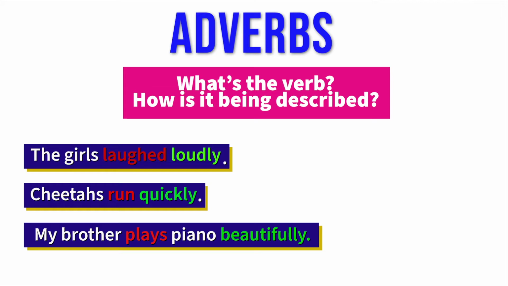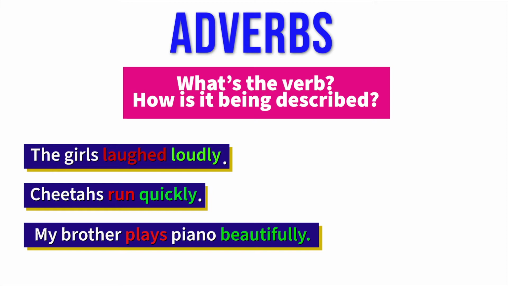All right, in that sentence, what is the verb? See, the verb in that sentence is laughed because it's the action. But how are they laughing? Loudly. You see? Simple, right? The adverb in that sentence that's describing the verb is loudly.